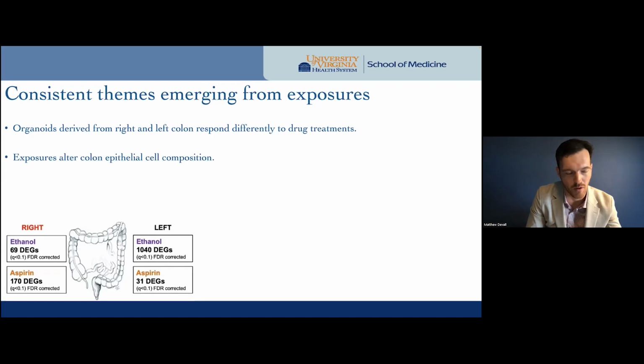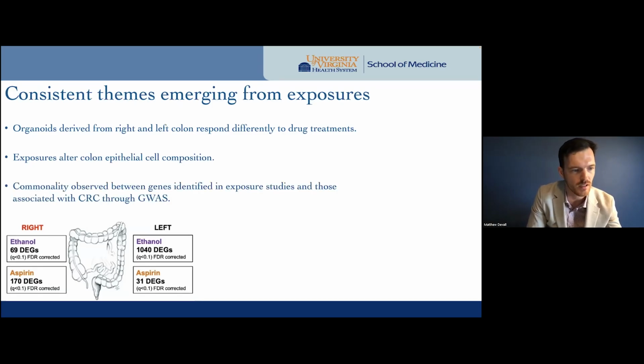One thing that will come up a couple of times in this talk is that all of the exposures led to strong changes in epithelial cell composition, with risk factors driving more proliferative states, these increases in transit amplifying zones, and some of the chemopreventive agents leading to the opposite effect, a reduction. We found a reasonable commonality between the genes differentially expressed in these environmental exposures and those that map to colorectal cancer through GWAS studies.